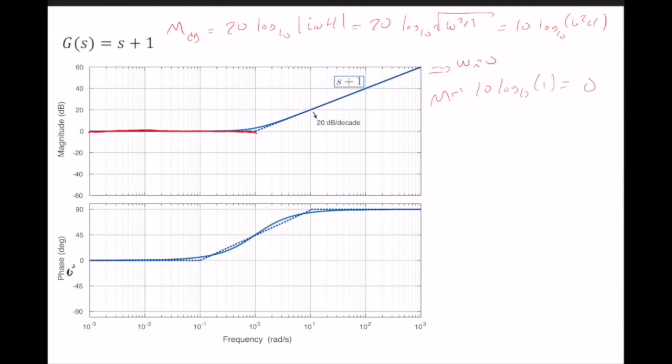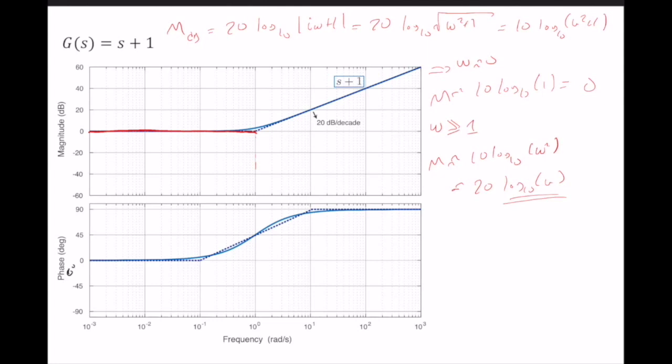Okay, at high frequencies, omega very much greater than 1, and 1 is the corner frequency, M is approximately equal to 10 log 10 omega square. Okay, because 1 is negligible, it is approximately equal to 20 log 10 omega. And I already know this. This is the same function that I obtained with s. So at high frequencies, it approximately looks like s in the magnitude scale.